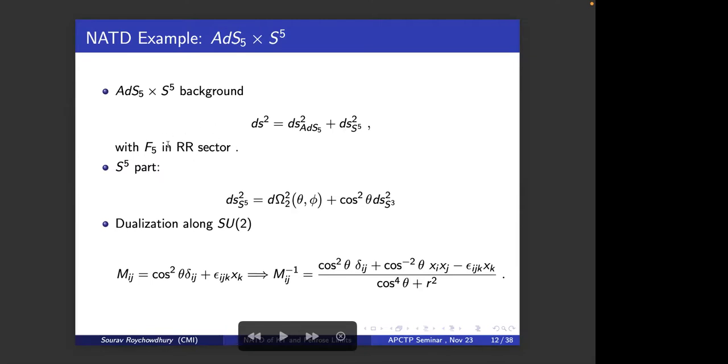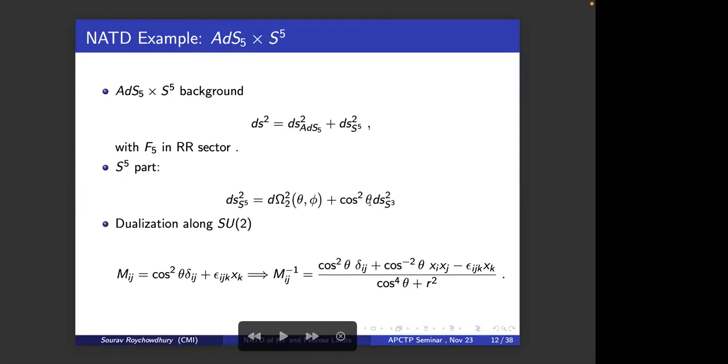And in the RR sector, we have only F5, which is effectively the volume of the S5. Now we will focus on the S5 part. So the S5 metric can be written as an S2 fibration over an S3. Now this S3 supports some SU(2) isometry. So in order to construct the dual solution, we only bother about this part.